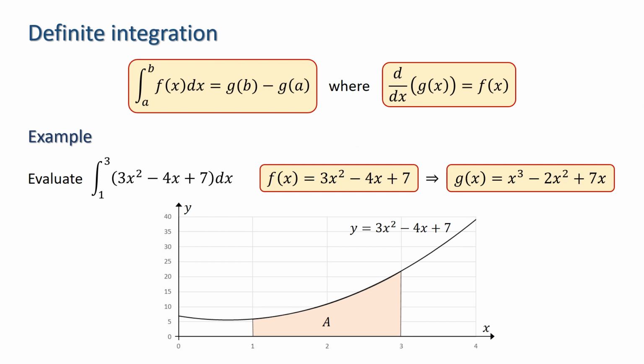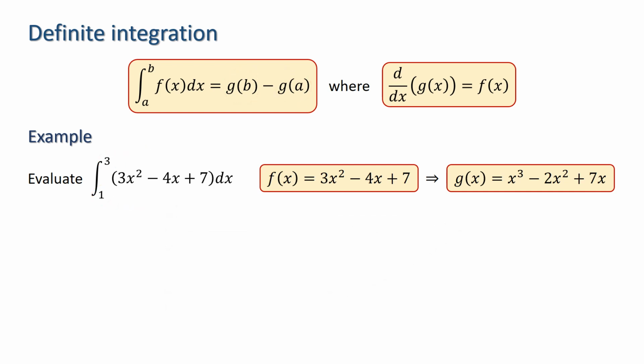It is worth noting again that, unlike indefinite integration, we don't need to include a plus c constant term in the integration, because we are going to put numbers in for x. In this case, a equals 1 and b equals 3. If we did add a constant to the function g, it would appear in both g of b and g of a and would cancel out, since we subtract g of a from g of b.